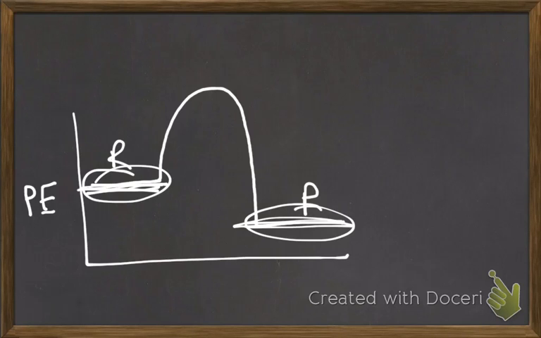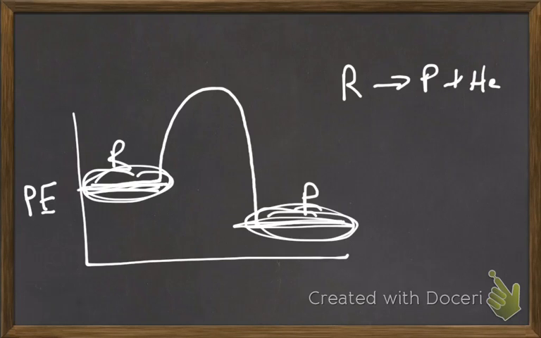In order for the energy to drop, that means that when we go from reactants to products, energy had to have been released. It had to have been given off. If the products have less energy than the reactants, that means that energy was given off, so it was producing heat or energy. That would make this an exothermic reaction.